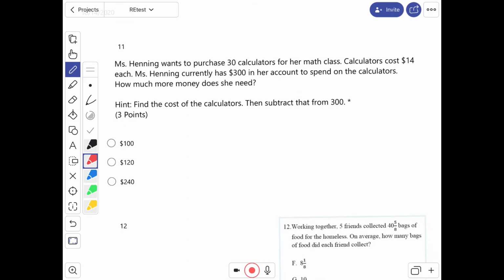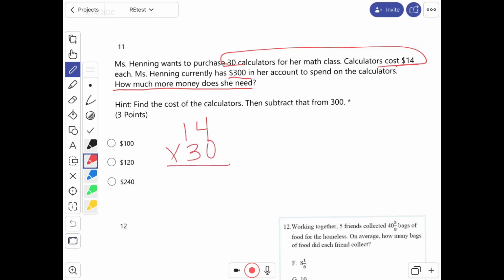Number 11. Miss Henning wants to purchase 30 calculators for her math class. Calculators cost $14 each. Miss Henning currently has $300 in her account to spend on the calculators. How much more money does she need? Well, first we have to figure out how much she needs.